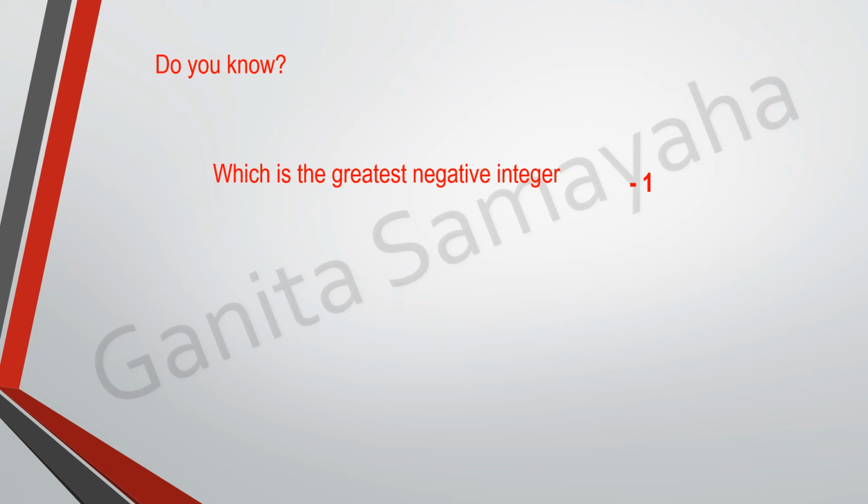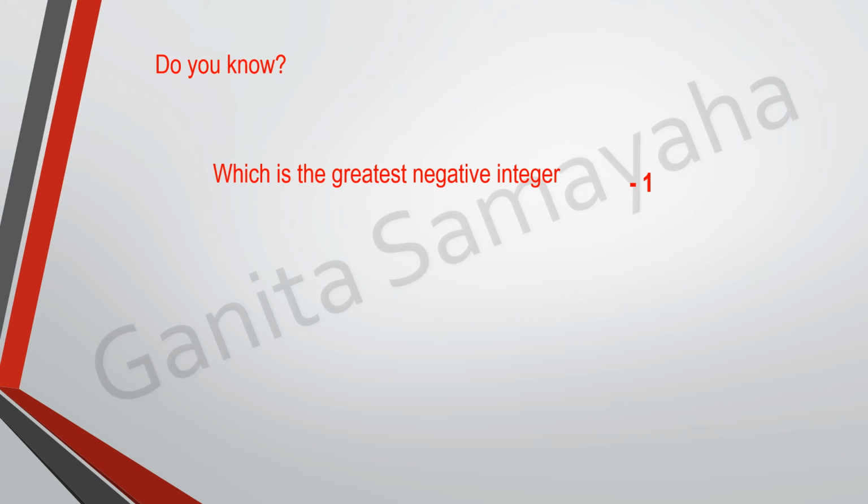Can we say which is the least negative integer, children? No, we cannot. On the left hand side, it keeps going: minus 1000, minus 10,000, minus lakh, goes on. Never ending. So we cannot say which is the least negative integer, but we can say which is the highest negative integer.